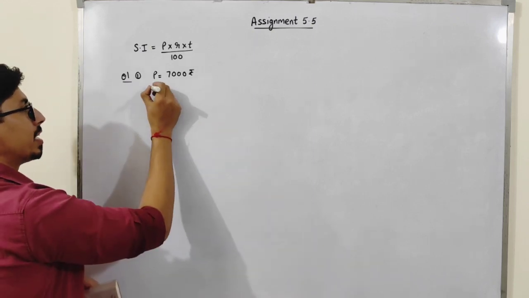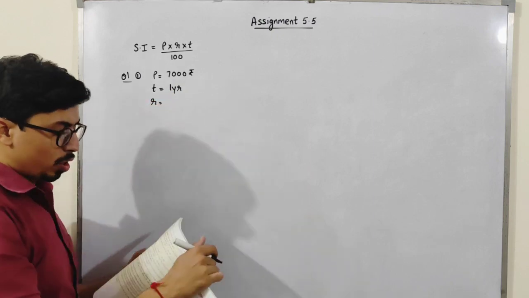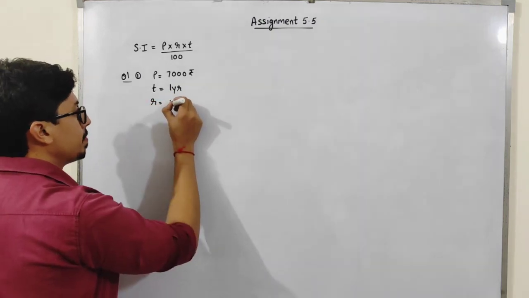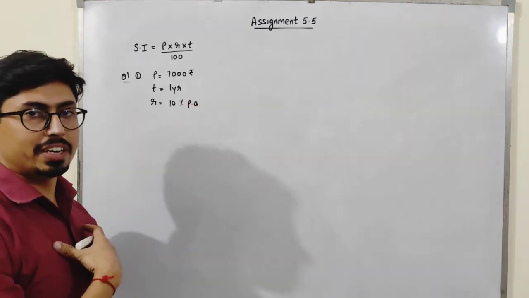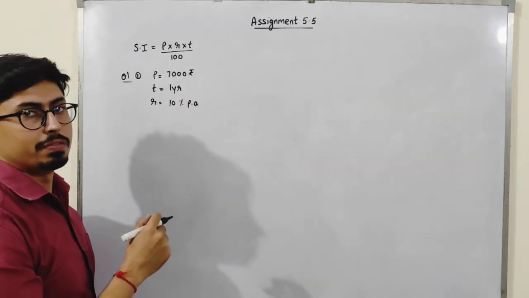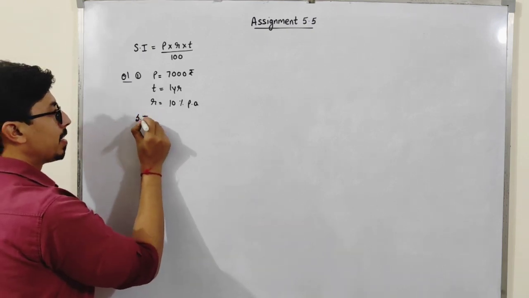The time is 1 year. At what rate, students? At a rate of 10% per annum. We have to find out how much interest Ramesh had to give to the bank. So just find out the simple interest.